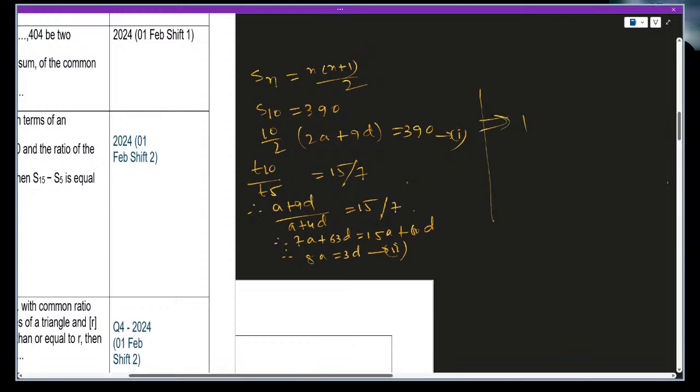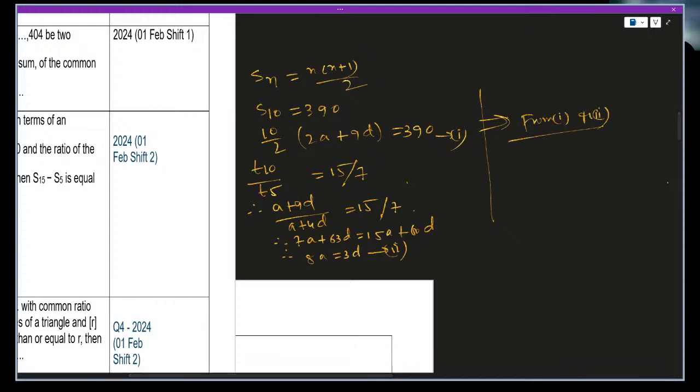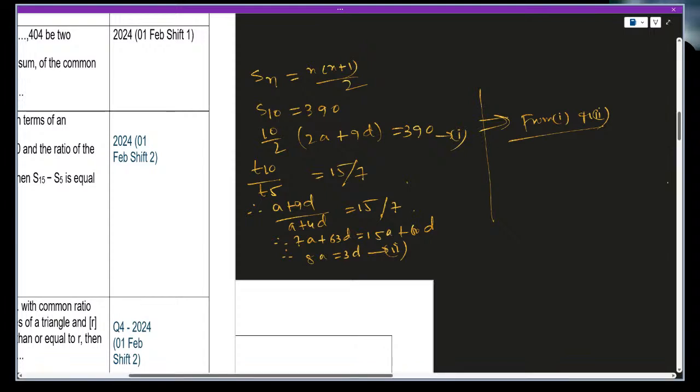So from 1 and 2, five, 390, and 2 is what? 3d by 4.